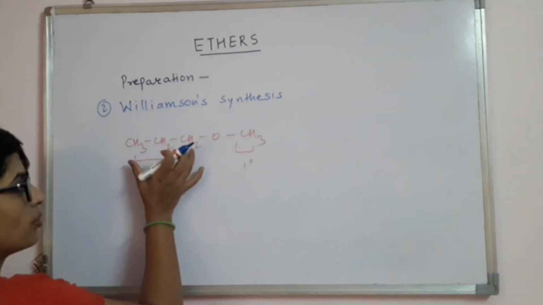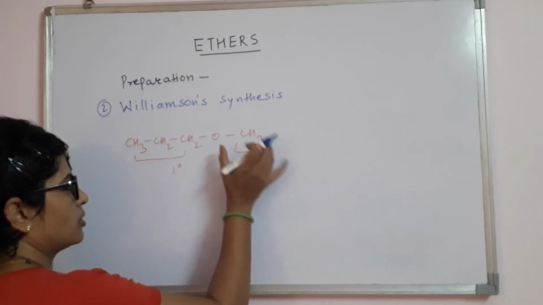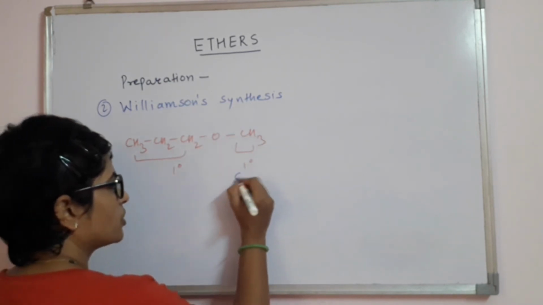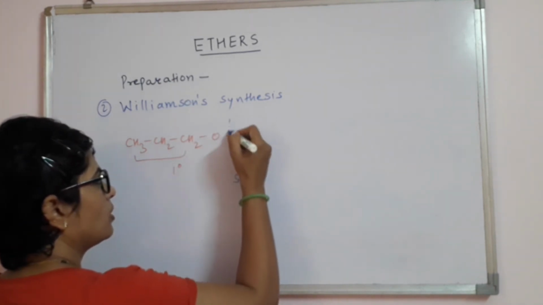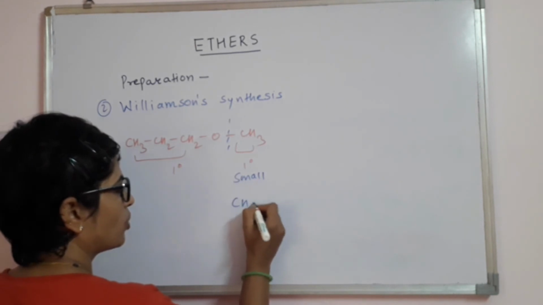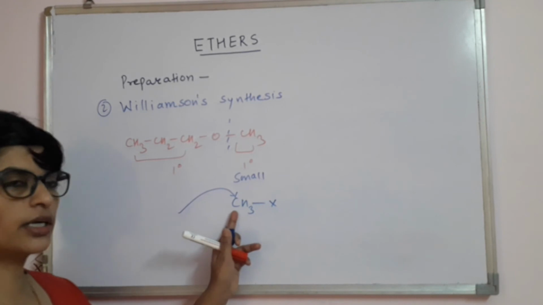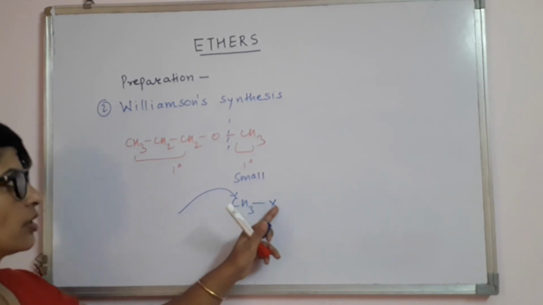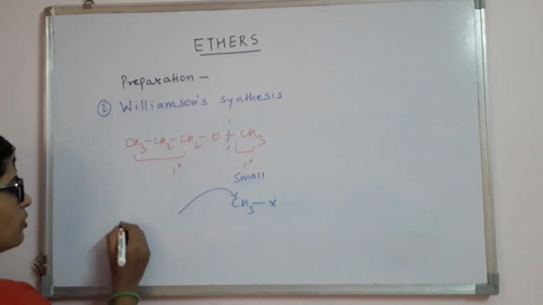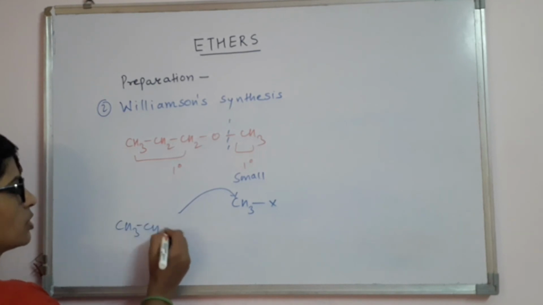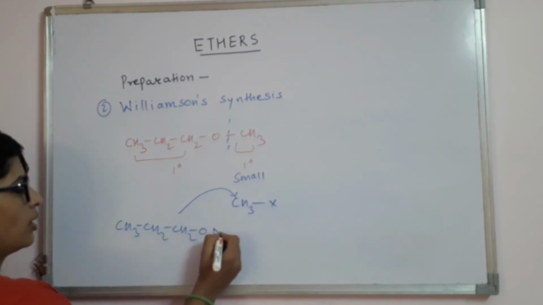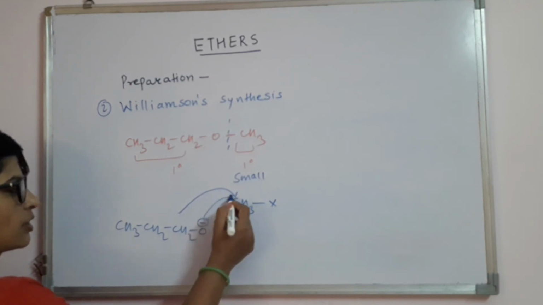This one is a big primary, this is a small primary. The one which is small will become the halide because it has to be attacked by a nucleophile, and the least steric hindrance will be for the small one. So CH3X is the right choice, and this big fellow CH3CH2CH2ONa will be your nucleophile which will attack here.